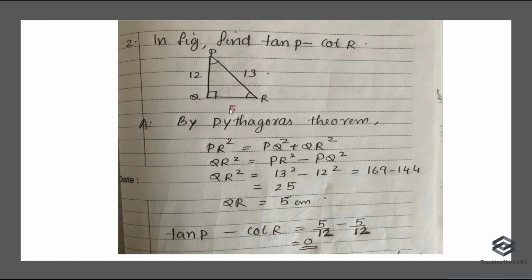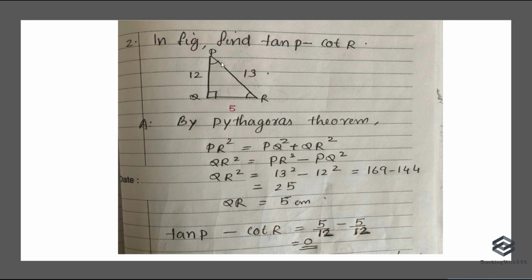So PR square equal to PQ square plus QR square. We should find out QR. Therefore QR square equal to PR square minus PQ square. Substitute the values. QR square equal to 13 square minus 12 square equal to 169 minus 144 equal to 25. Therefore QR equal to 5.